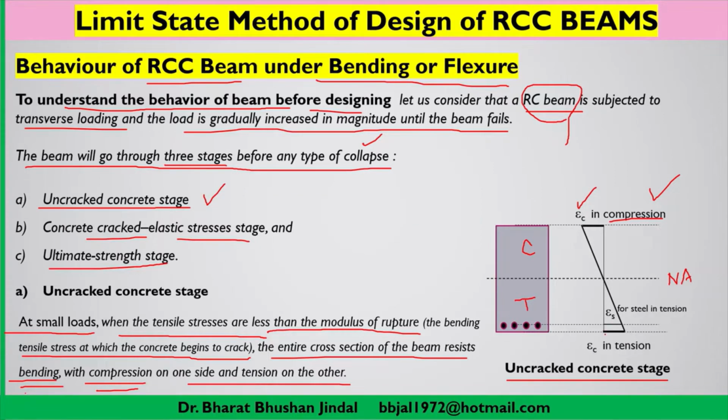At the topmost fiber there is compressive strain, and at the bottommost fiber there will be epsilon c in tension. So compression as well as tension. That's why, as we have discussed, the entire cross section of the beam is resisting bending with compressive stresses on one side and tensile stresses on the other side, and some of the stresses will be taken care of by steel, but they are not prominently considered here.